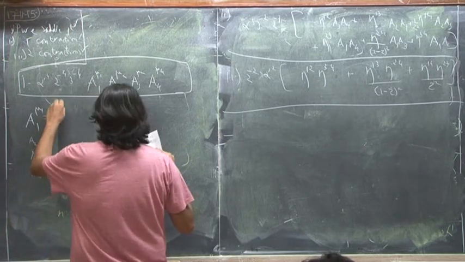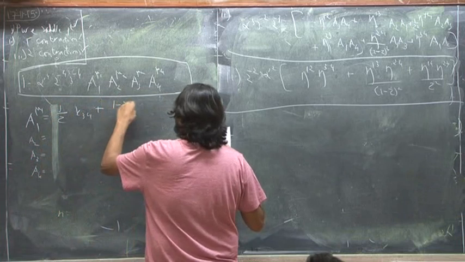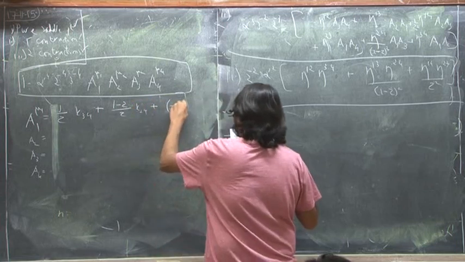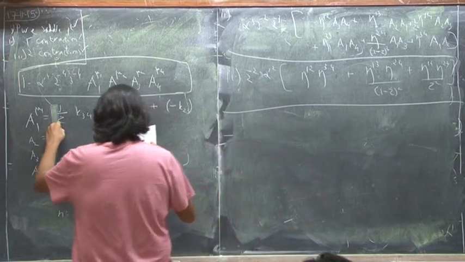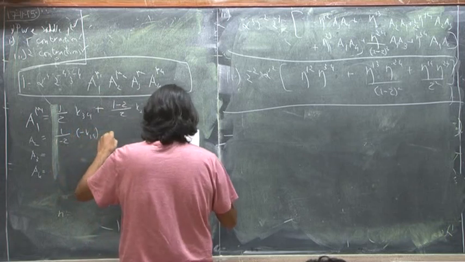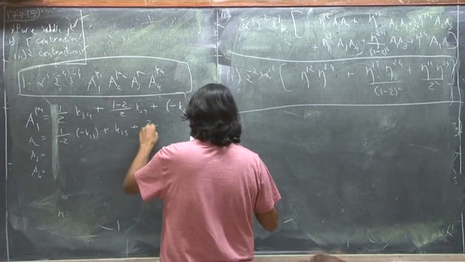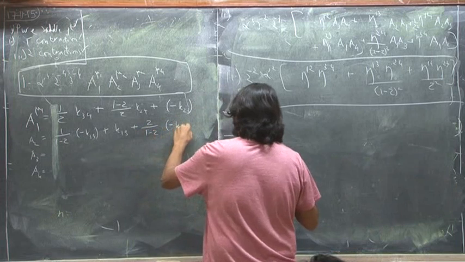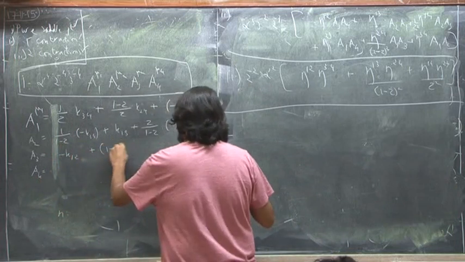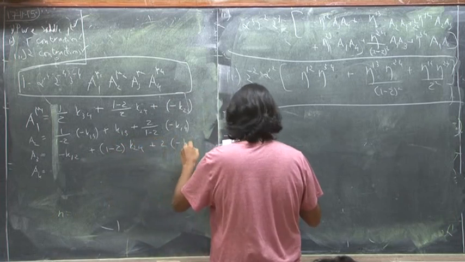Yeah. So, 1 by Z is equal to plus 1 minus Z by Z A24 plus minus A23, 1 minus Z to minus A24 plus A13, plus Z upon 1 minus Z minus K14 minus K12 plus 1 minus Z K24 plus Z into minus K14.